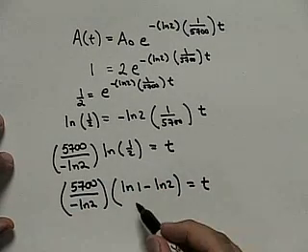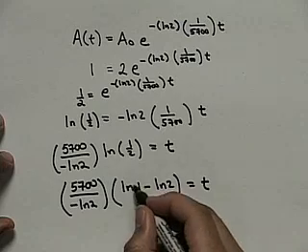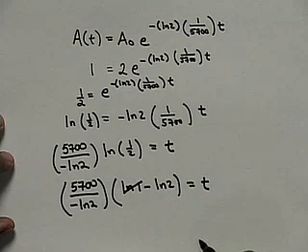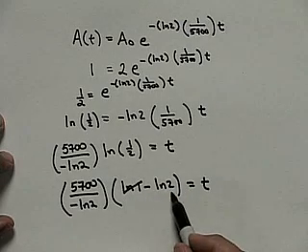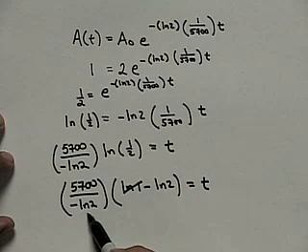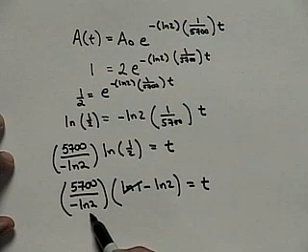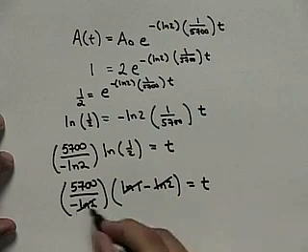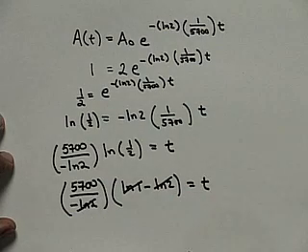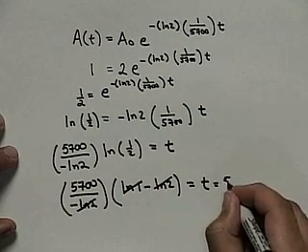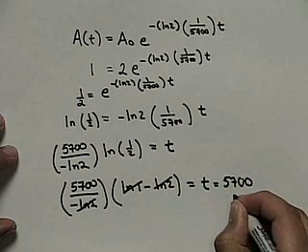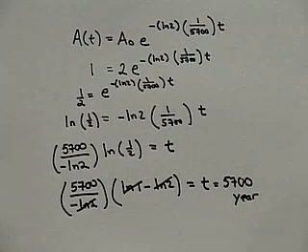And now you may know that the natural log of 1 is equal to 0, so that's just going to be 0 there. And now we have a negative natural log of 2 factor here with a negative natural log of 2 factor in the denominator, so those will cross out, and that leaves us with t equals 5700 years. And that is the half-life for this particular substance.